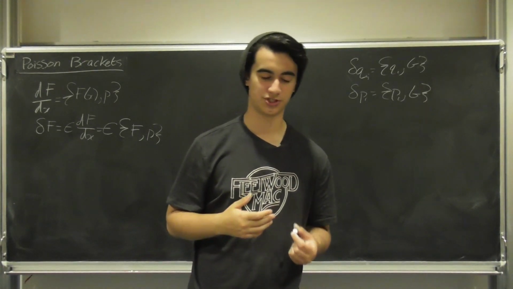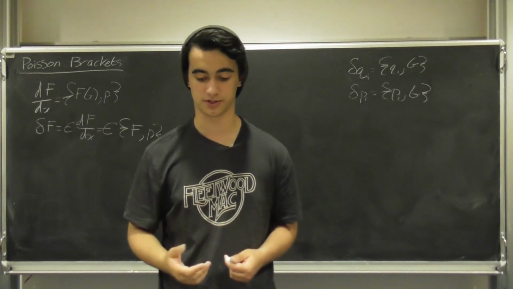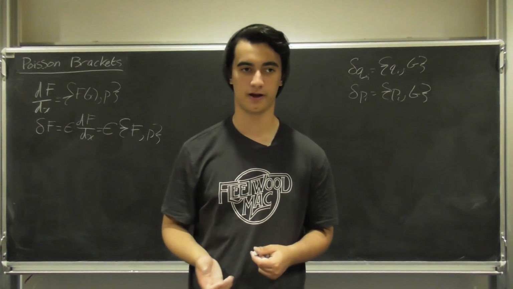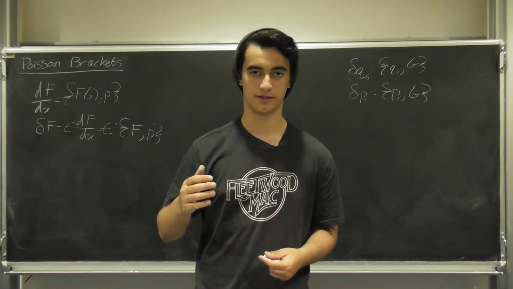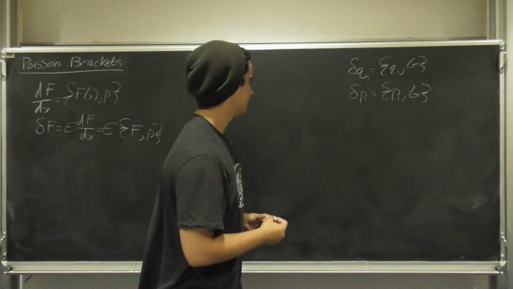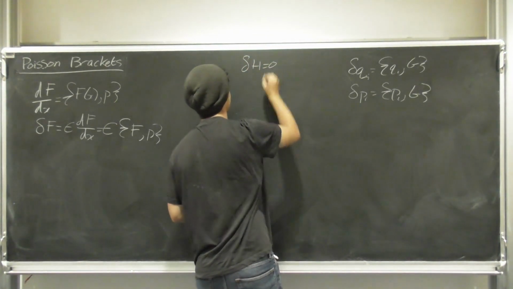This general transformation may or may not be a symmetry, but we would find out if it is a symmetry if the change in the Hamiltonian, delta H, is equal to 0.